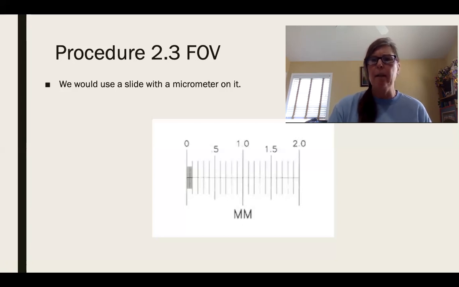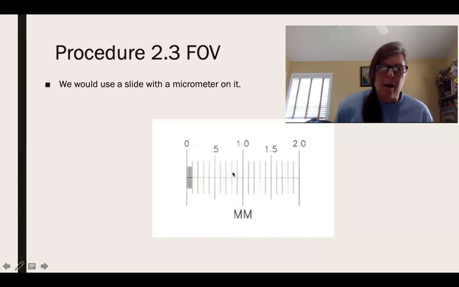If you think of what a millimeter is, if you think of a meter stick, those are the little tiny lines on your meter stick. Well, this is just two of those little lines. And then we can see in here, these are called micrometers. There are 1,000 micrometers in a millimeter.